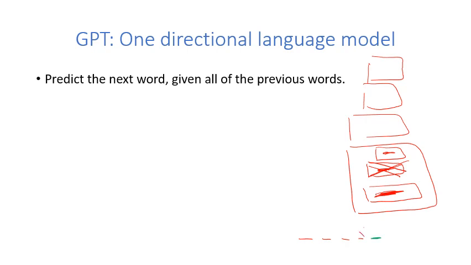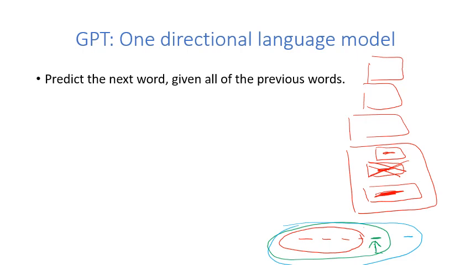So given the words that I have seen so far, what would be this next word? Okay, so at each time step, I want to predict a new word. And then this new word will be added to the sequence. So what would be the next word? And then when I predicted this, I will add it to the sequence, and I'm going to predict the next one, and so on and so forth.